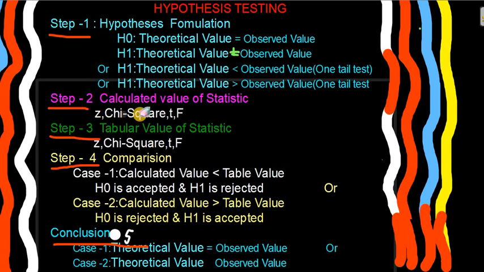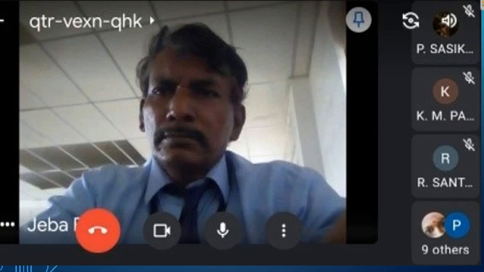So according to that particular situation, we have to calculate the Z statistic, or chi-square statistic, or T test, or F test. We have different formulas, and by using them we find the test statistic. This is the second step in any test of hypothesis.